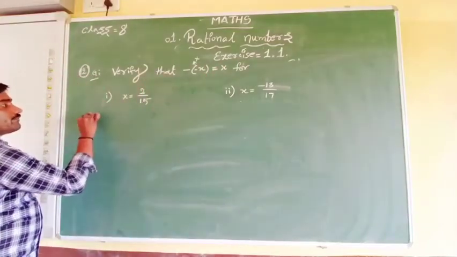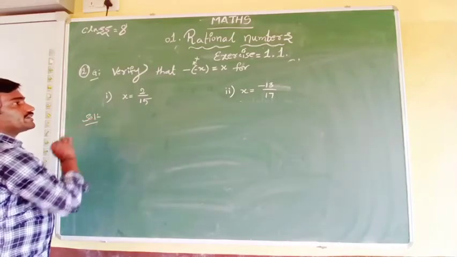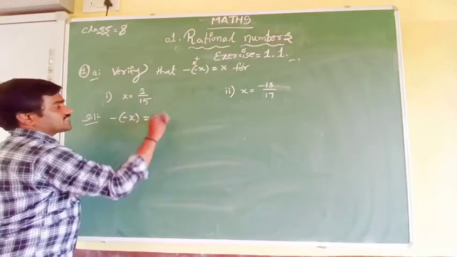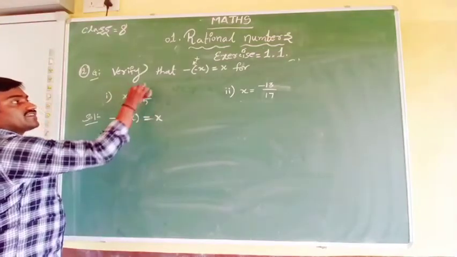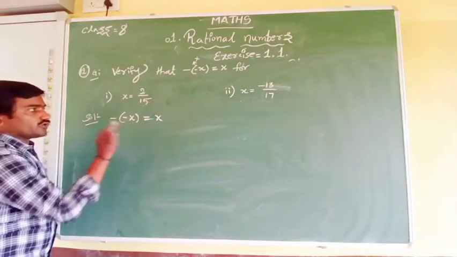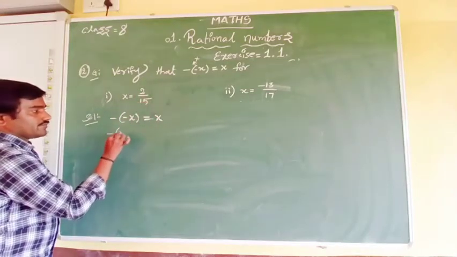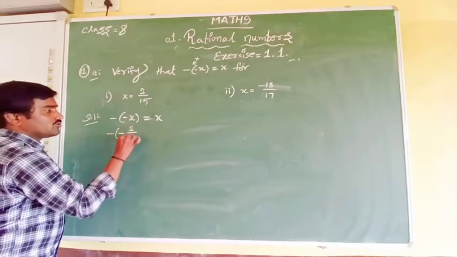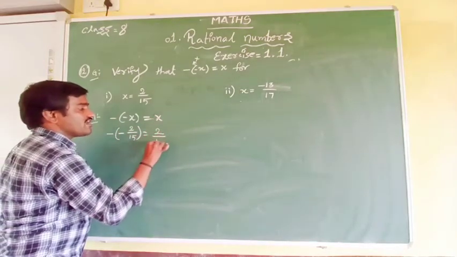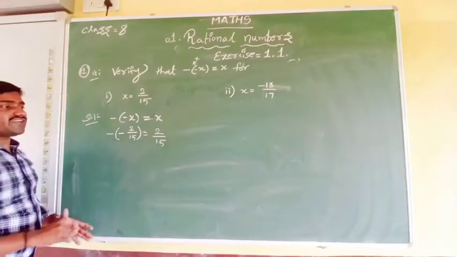Let us take the same statement here: minus of minus x equals x or not. What is the value of x in the question? That is 2 by 15. The same thing you write here. Minus of minus 2 by 15 is equal to, the x value is what again? 2 by 15. In the place of x we have the given number.